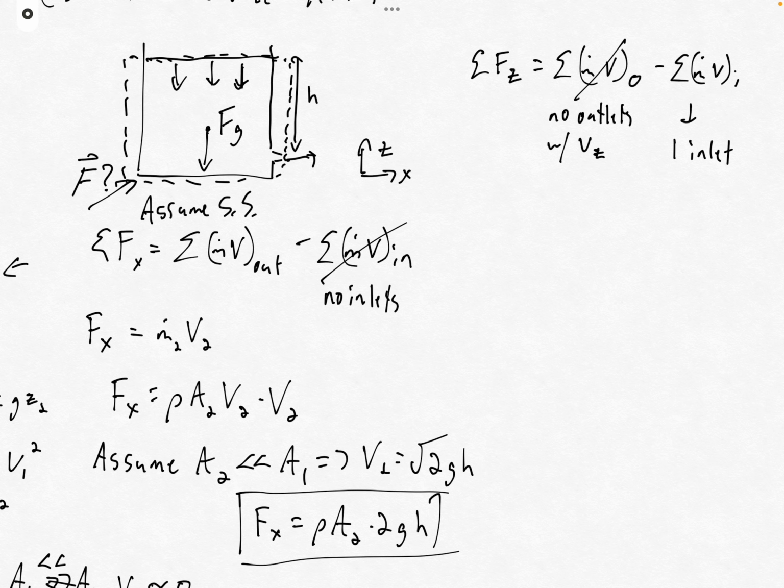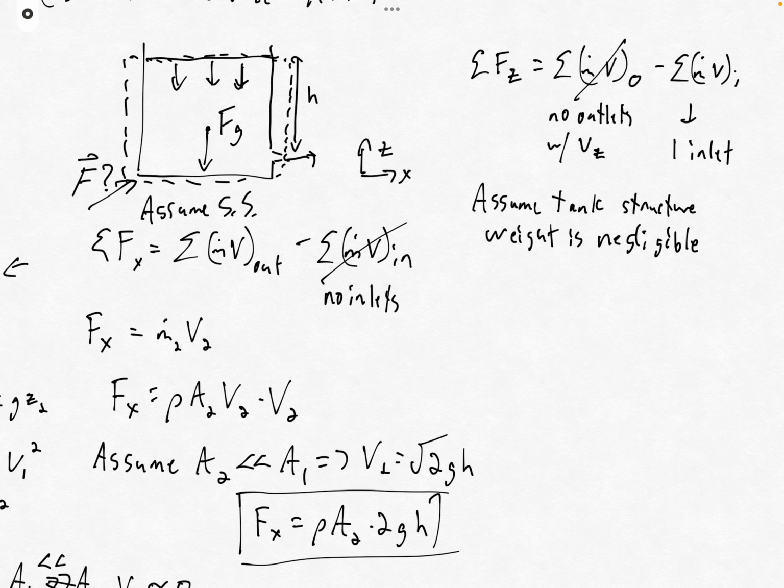which is acting downwards in the z direction because of the weight of the fluid that's inside this control volume. So we're going to assume the tank structure weight is negligible. And that means that the only force of gravity is due to the liquid that's actually inside of the tank.